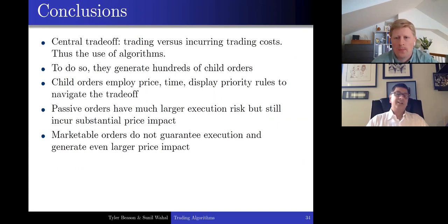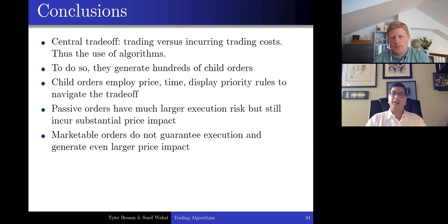So let me say a couple of things with respect to order anticipation. When we do the work at the child level, the cytology stuff, we are deliberately treating every child order as independent. So we're doing that under the maintained assumption that there's no order anticipation going on. There may be, there may not be.